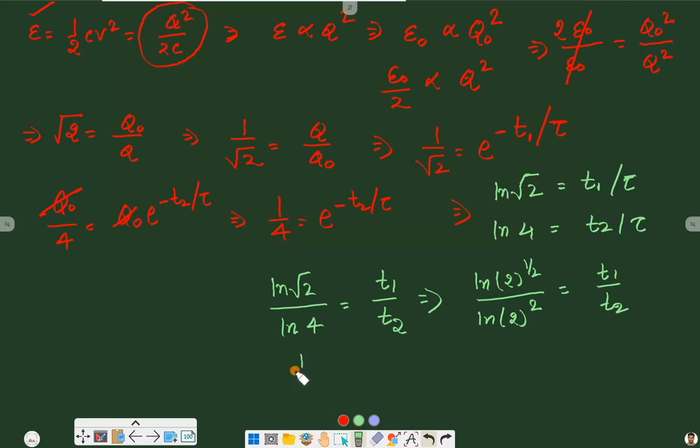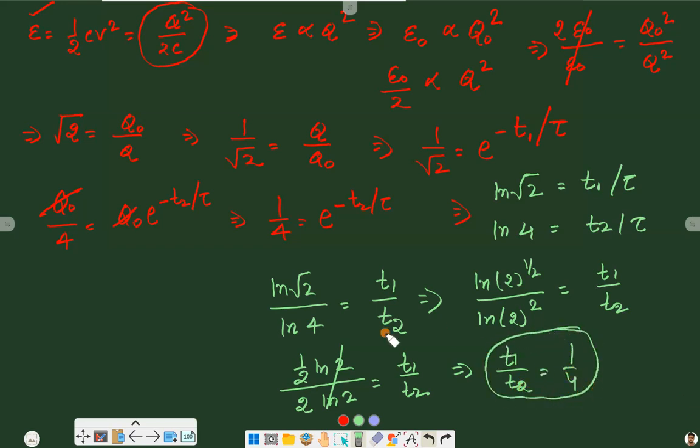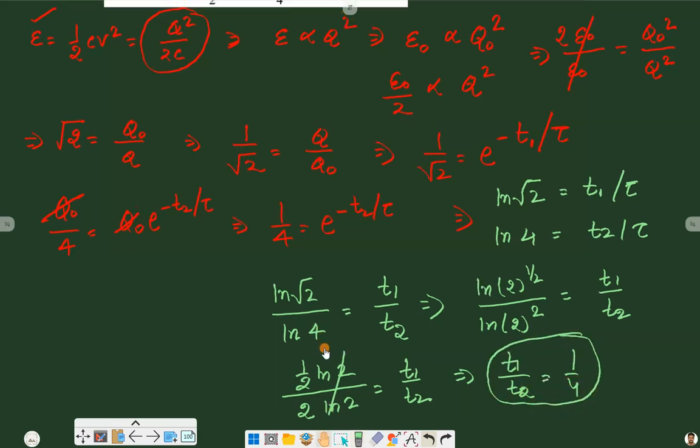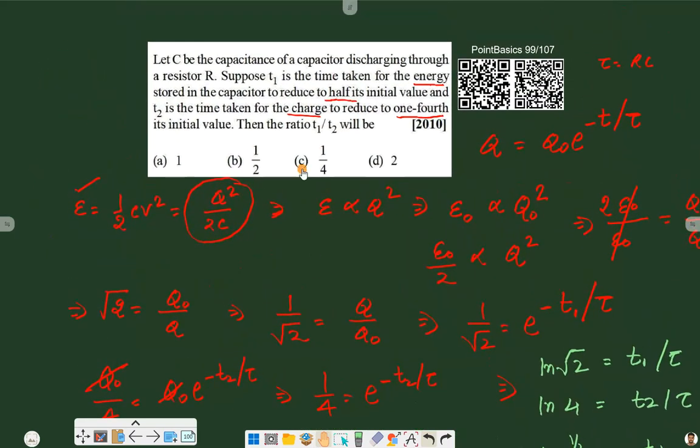So half ln 2 divided by 2 ln 2 is equal to t1 by t2. ln 2 gets cancelled from both sides, and t1 by t2 is equal to 1 by 4. So this is the ratio which we finally get, and here option C will be the right answer.